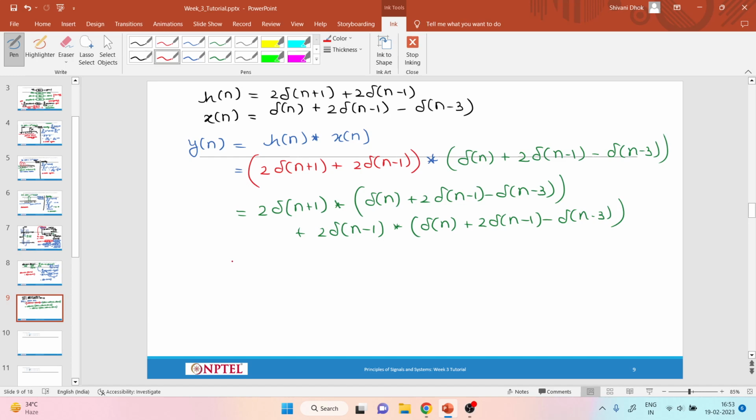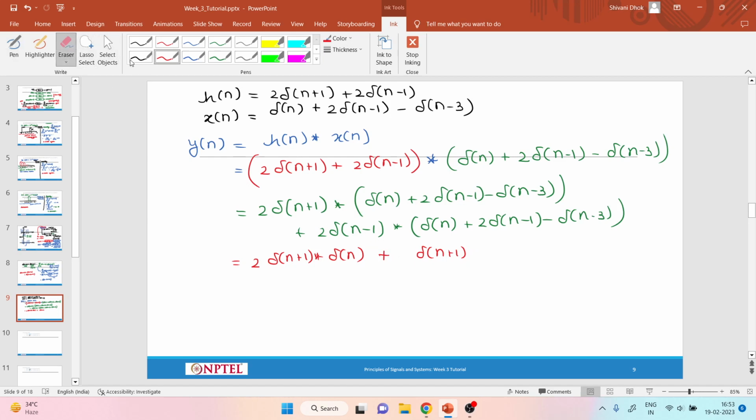This I can write as 2 times delta n plus 1 convolved with delta n plus 2 times delta n plus 1 into 2, that will be 4.